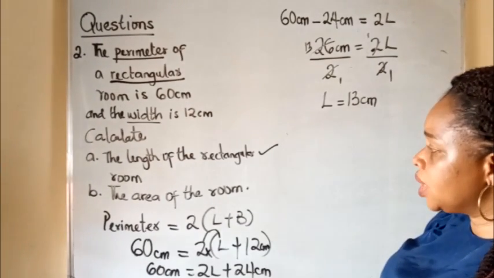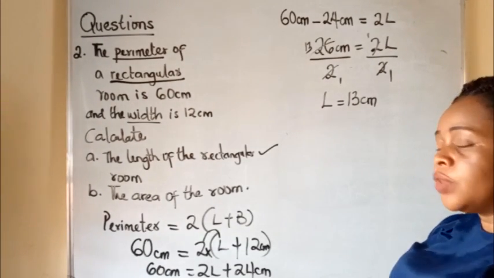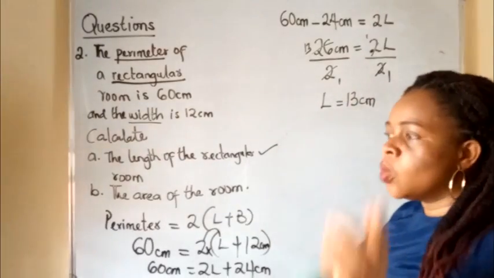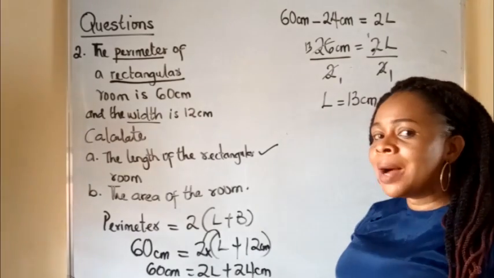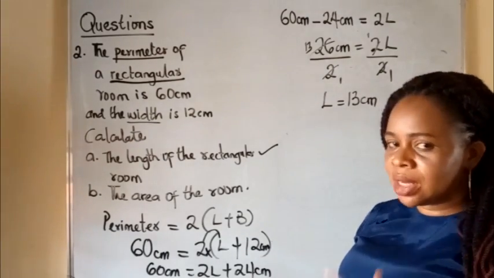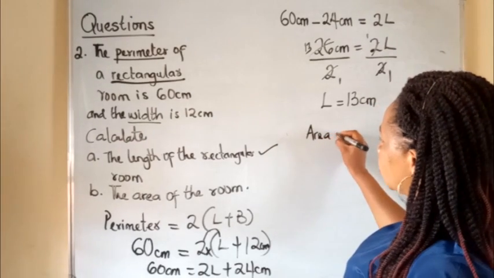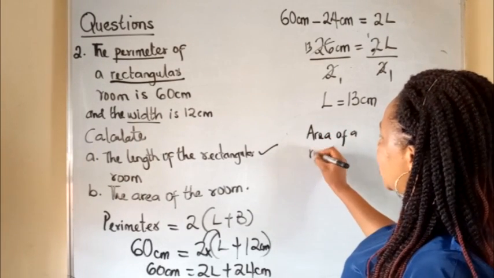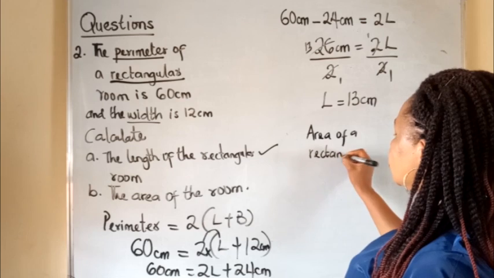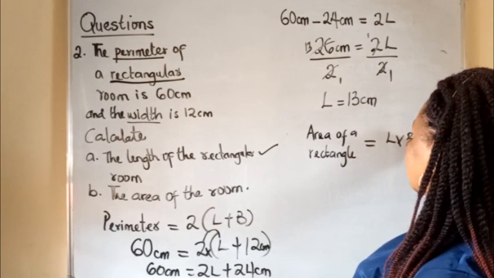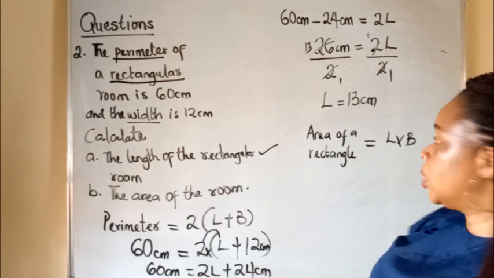Then B, say the area of the room. You go back. What do you remember about the area of a rectangular shape? We know that the area of a rectangle is equal to length times breadth. Okay?